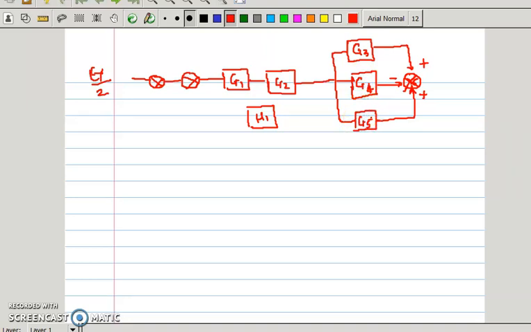And again the last one, there is a block of G6. And from here there is one feedback, that feedback is called H2.